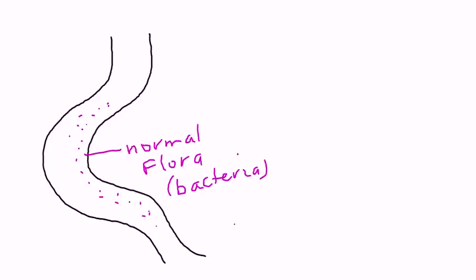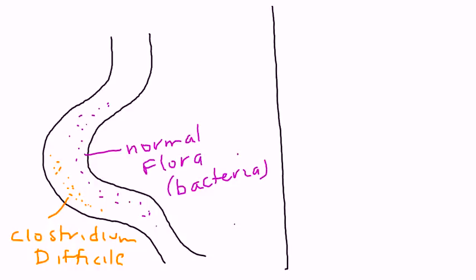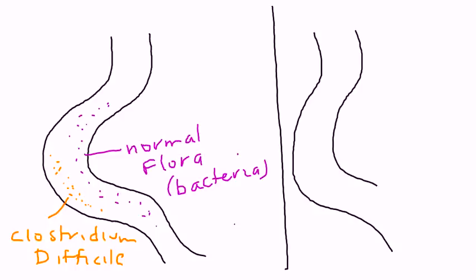Orange? Sure, why not? The orange represent Clostridium difficile. And there's two scenarios. There's this one, and then there's the second scenario in which you actually don't have any of the C. diff. And I'll try my best to explain what's going on.